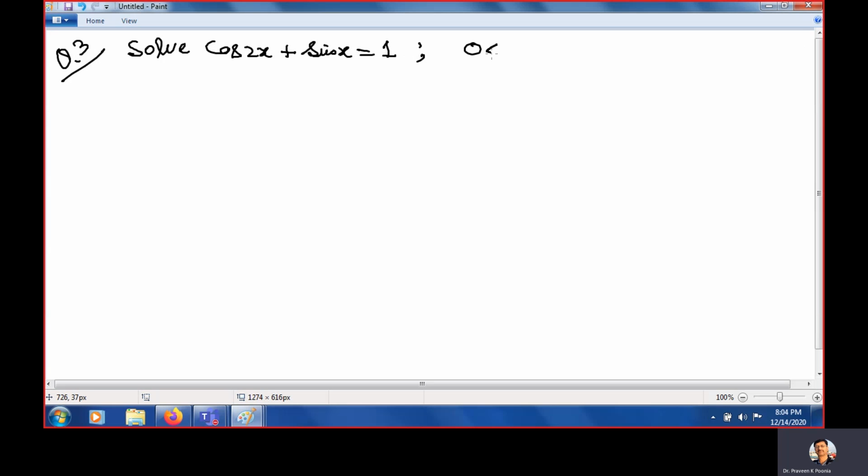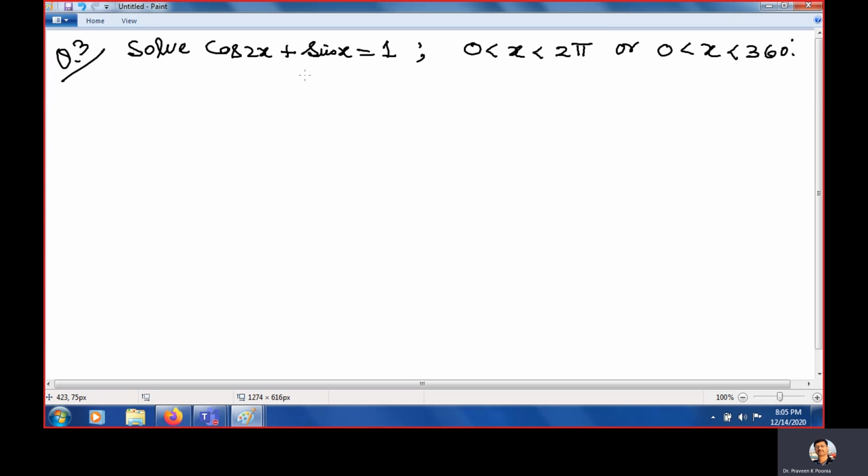On x, it is given that 0 is less than x is less than 2π, 360 degrees. 2π means 360. This can be written as 0 is less than x is less than 360 degrees. This is question number 3.